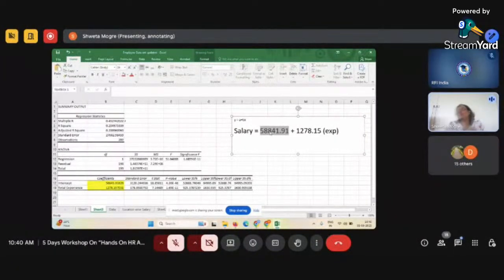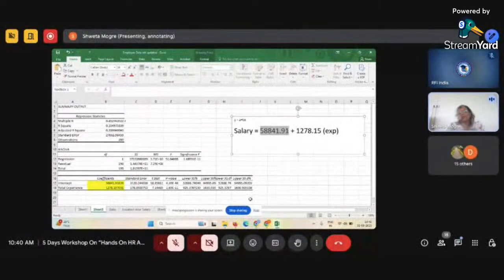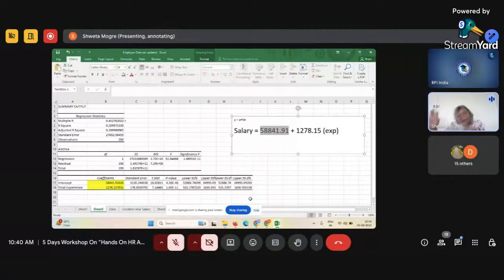That is denoted by intercept. Yes, 58,000. Is it clear? In any case, the meaning of intercept is that whenever the independent variable takes 0 value, that particular value of the dependent variable is termed the intercept.